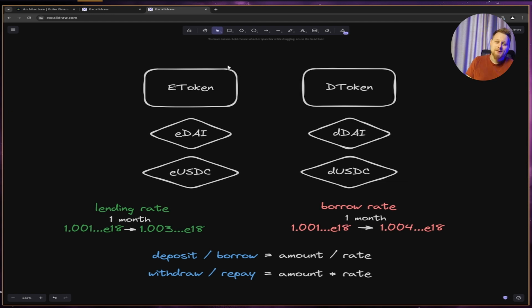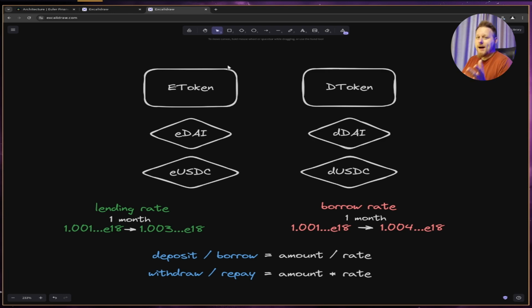I bring up this topic today because the Euler v2 contest is currently running on Cantina, and I believe it will help many people better understand, first, how Euler works, and second, the specifics of this hack.